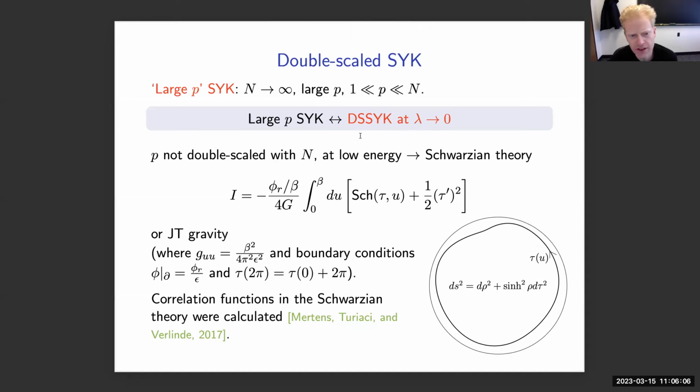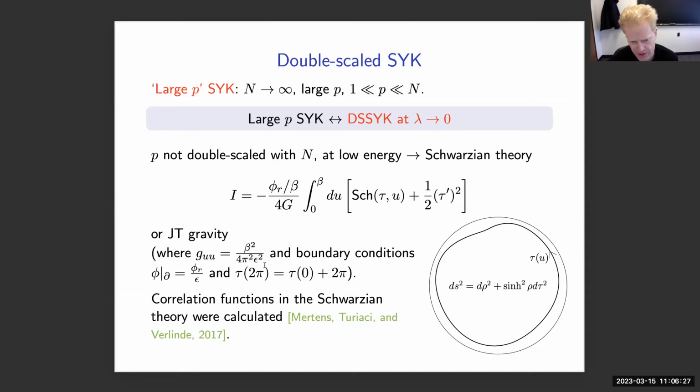To make contact with that, first let me mention that in these studies of SYK, when we don't scale p with n and we consider low energies, the theory is basically described by the Schwarzian theory. It's a theory where the dynamical variable is in Diff S1.